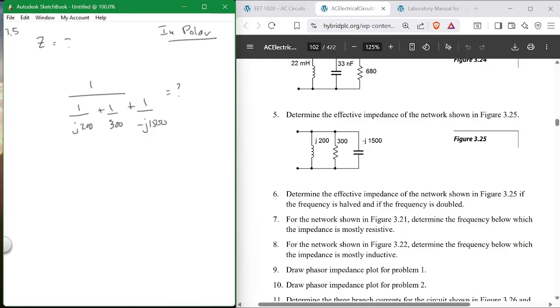Menu, then complex, equals. That's how you start. 1 divided by parenthesis 1 divided by 200i plus 1 divided by 300 plus 1 divided by minus 1500i, parenthesis, equals.